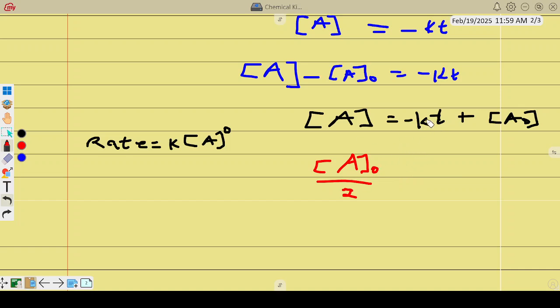Because here we have a negative, first let me write KT plus A initial. So let's take this to this side and then this to the other side. We're going to have KT, so T is now the half time.